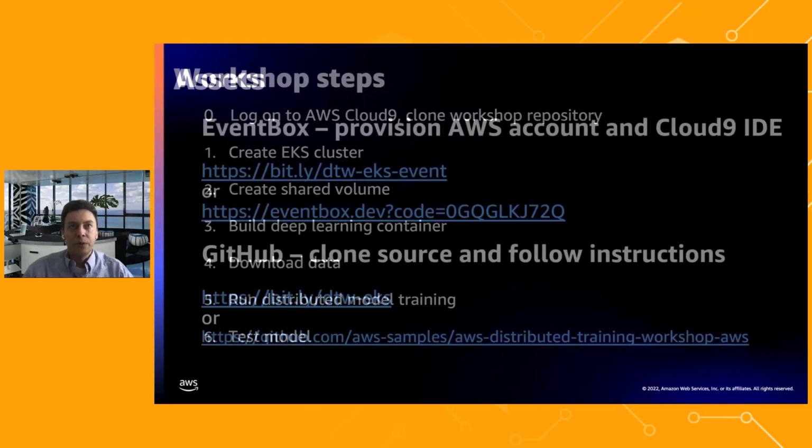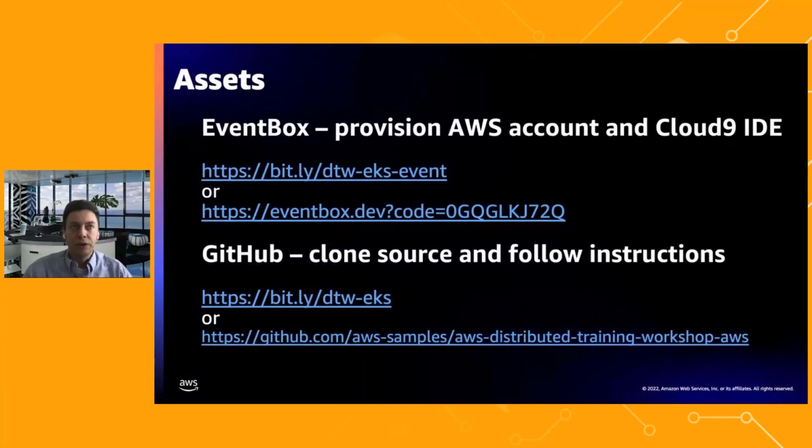In the workshop, we will use the following resources. The event box link provided at the top will let the participants provision a temporary AWS account where they can complete all of the steps in the workshop.